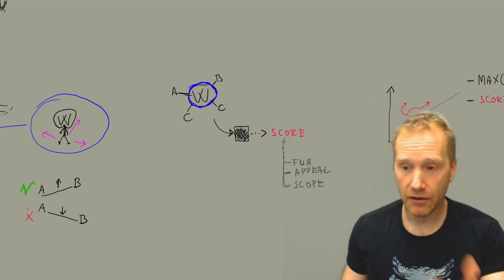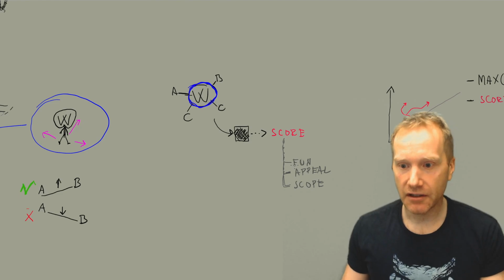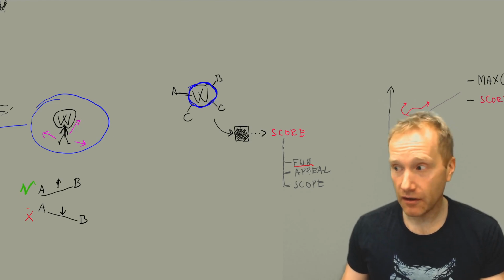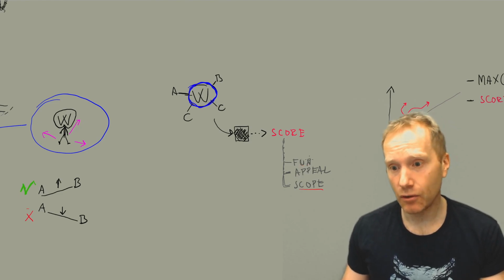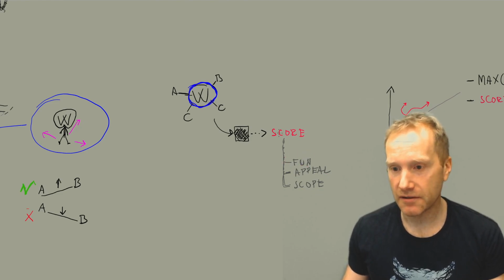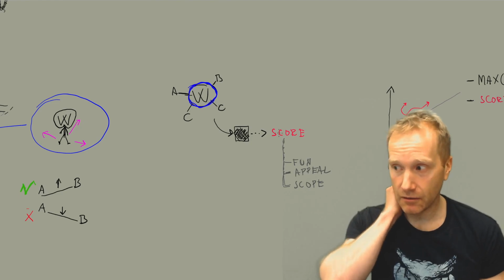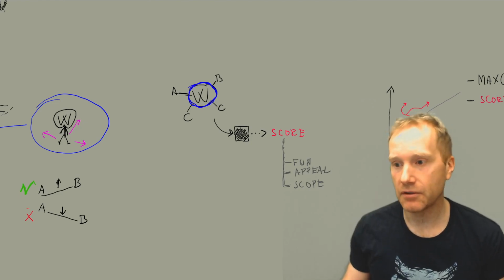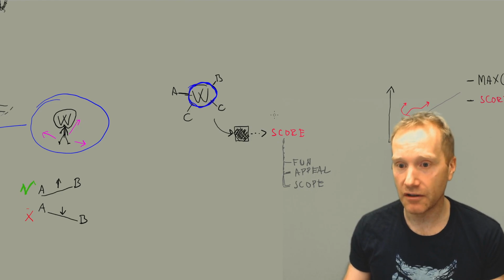And in Jonas's video, they're defining score as a mix of fun, appeal, and scope. Really, fun is the big one, and the other ones are additional important aspects of it. But you're really trying to see how fun the game is, and you're trying to maximize that.